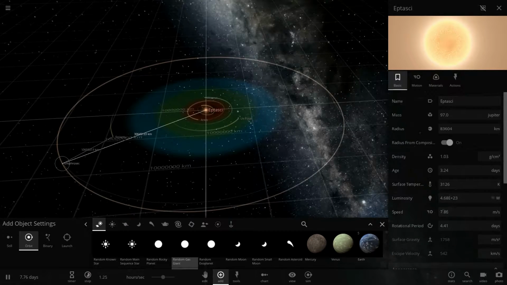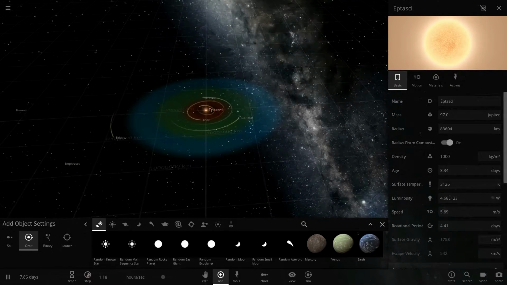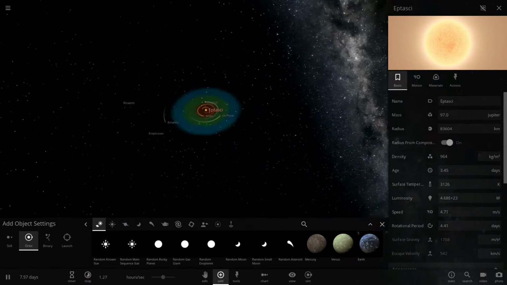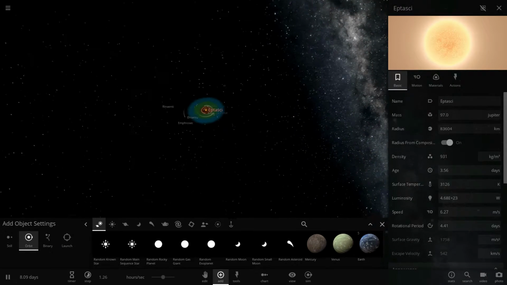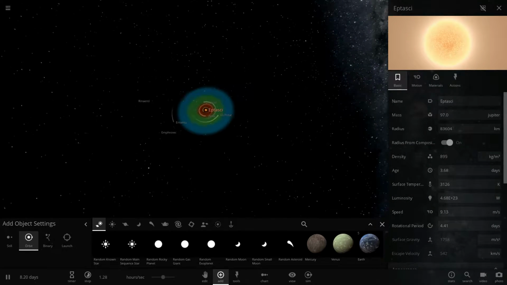So what you have behind is a system similar to ours, but the star will be a red dwarf.